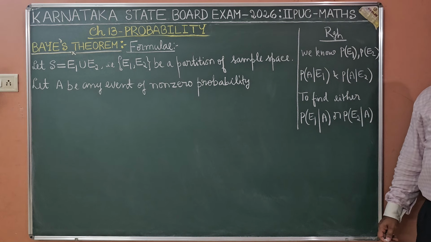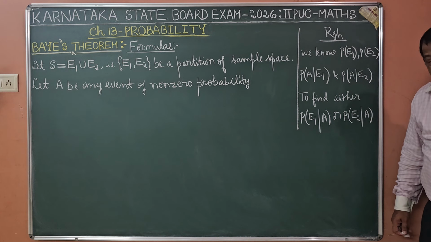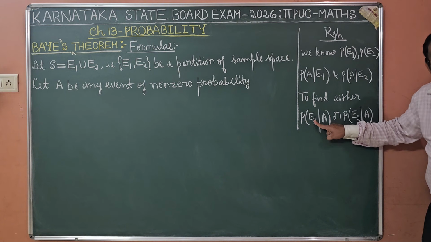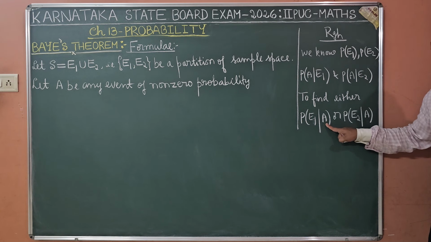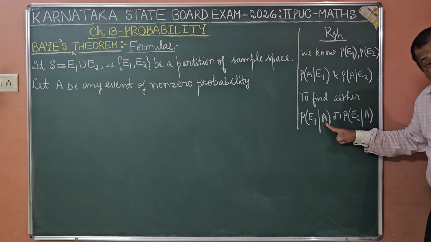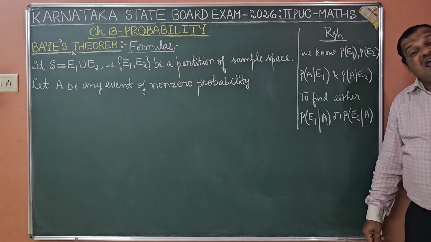So again I tell you, what is required is the reverse probability of selecting maybe the first event, assuming that event A has already occurred. Later I will explain the same thing with the help of one example.